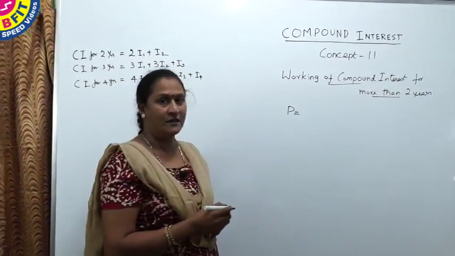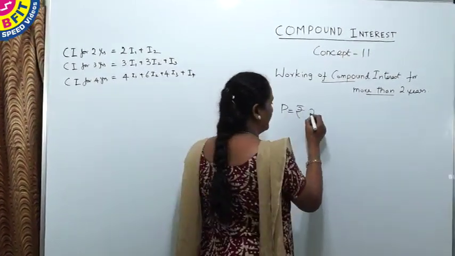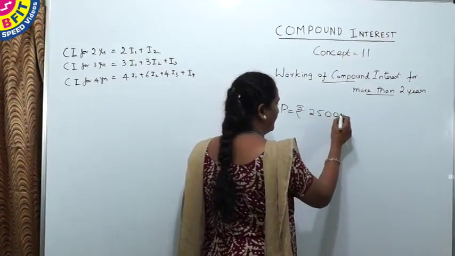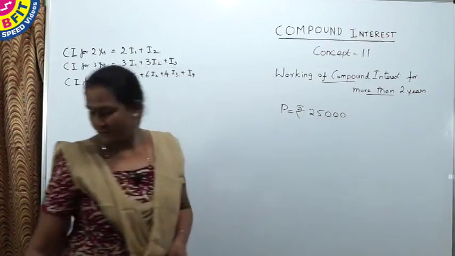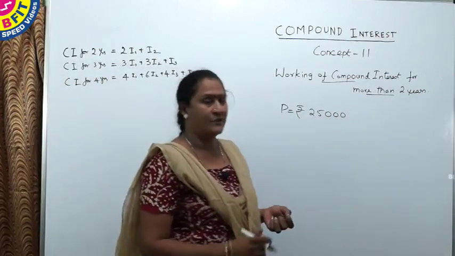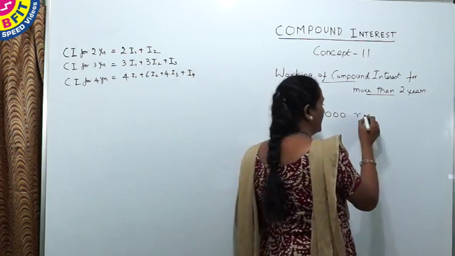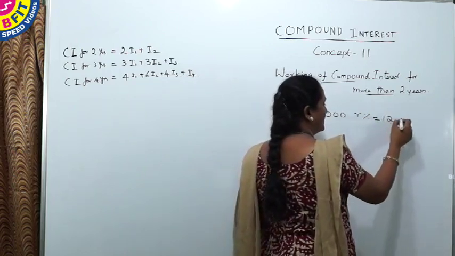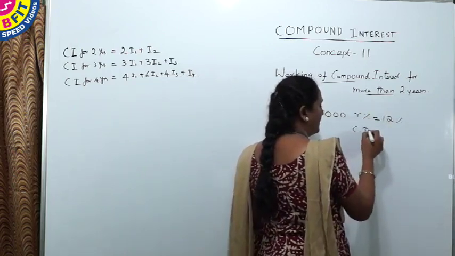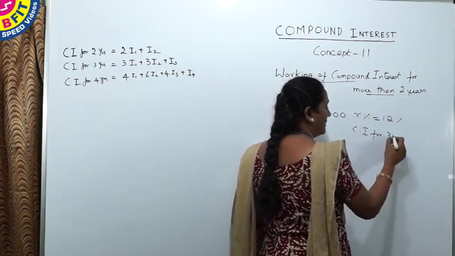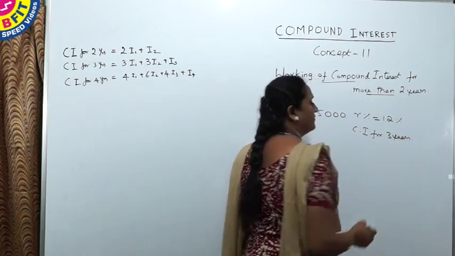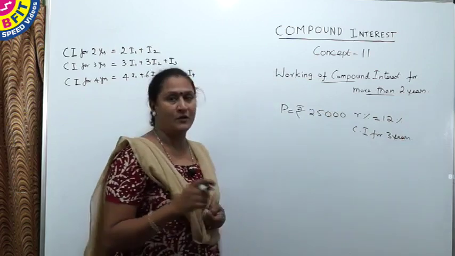Here the sum deposited is 25,000 and the rate percent is 12%. We are asked to find CI for 3 years. When you use the formula, you have heavy working.